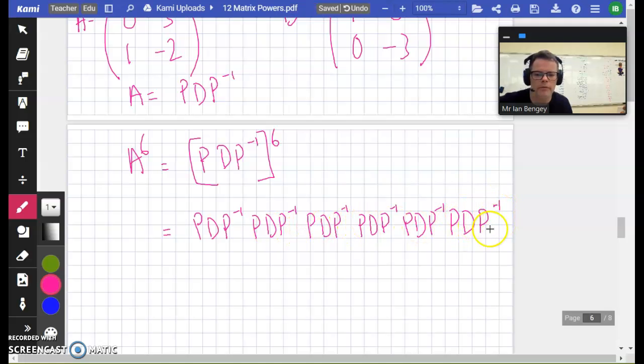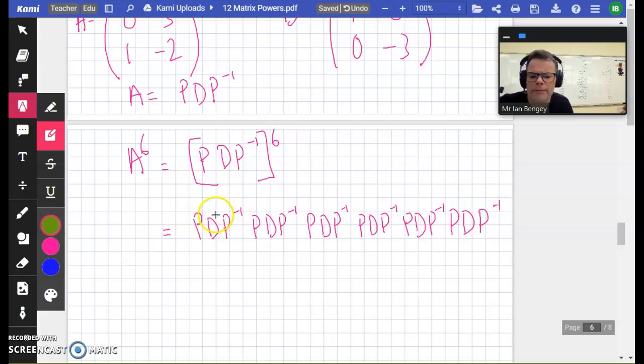But of course, we absolutely know, using this fact above, that P inverse times P is the identity matrix. Let me mark this up properly.